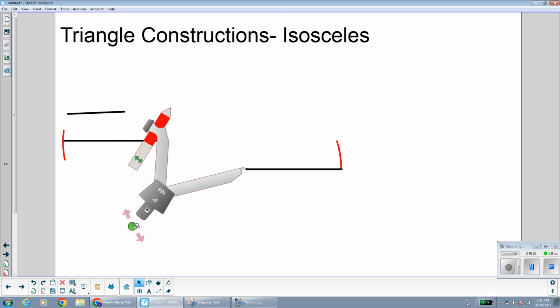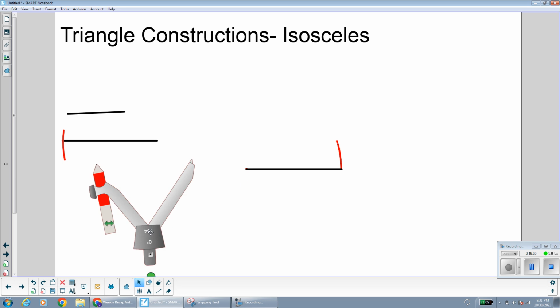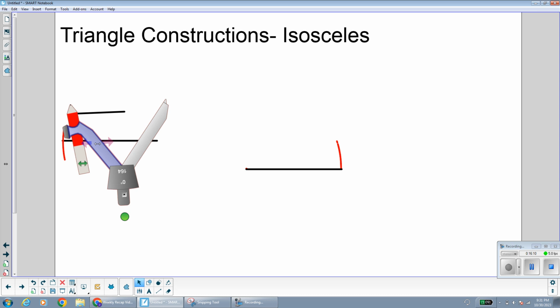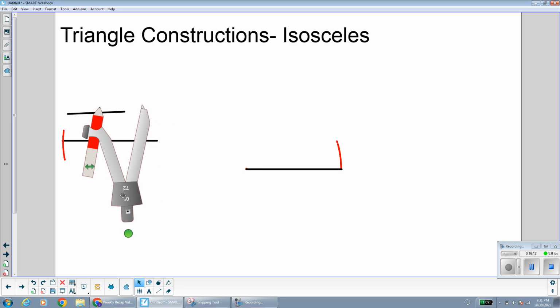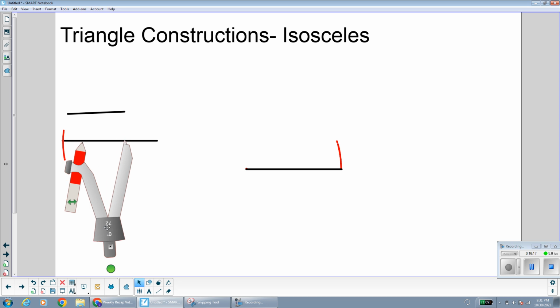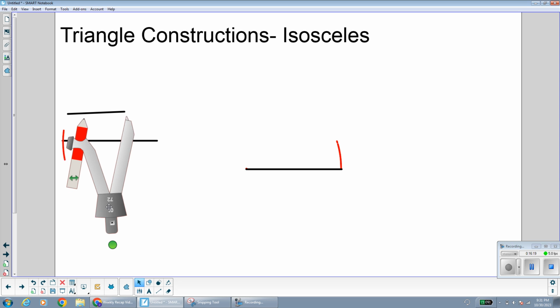Now, I'm going to get the measurement of my other two sides, and I'm going to get that by measuring the other line segment that is going to represent the other two sides of my triangle.